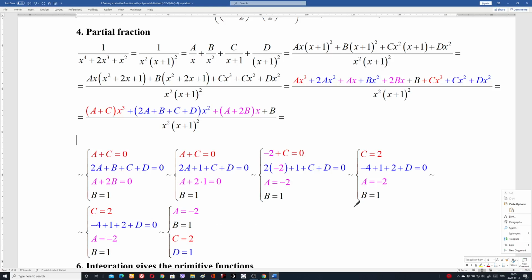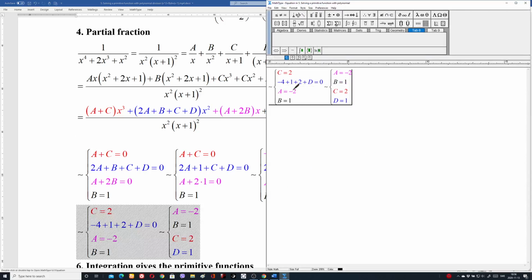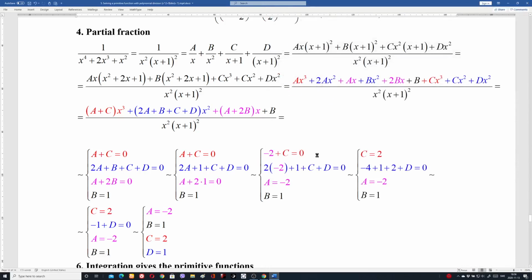So now we're saying that minus 4 plus 1 plus 2 is just minus 1. So here we can write minus 1. Minus 1. And this one we will cancel. Okay?